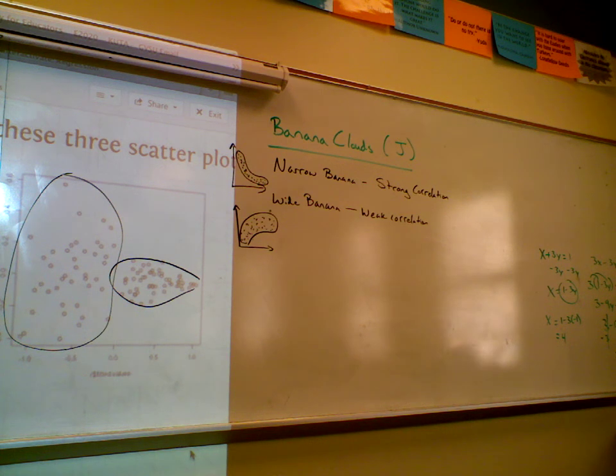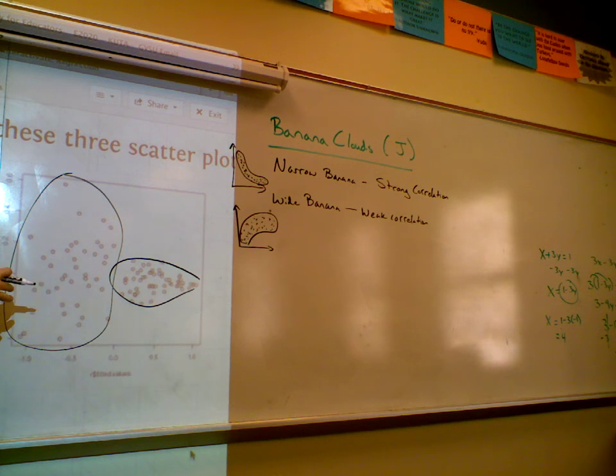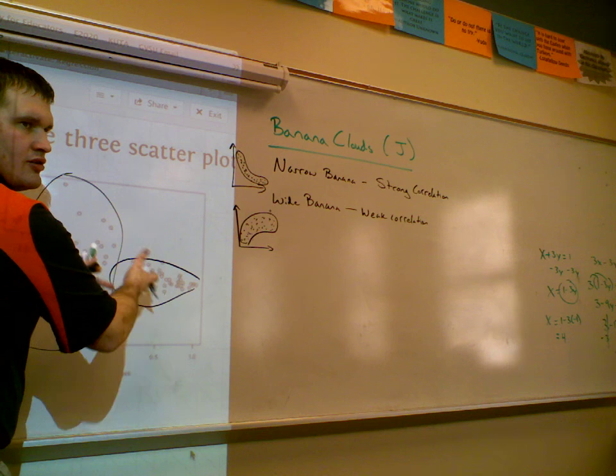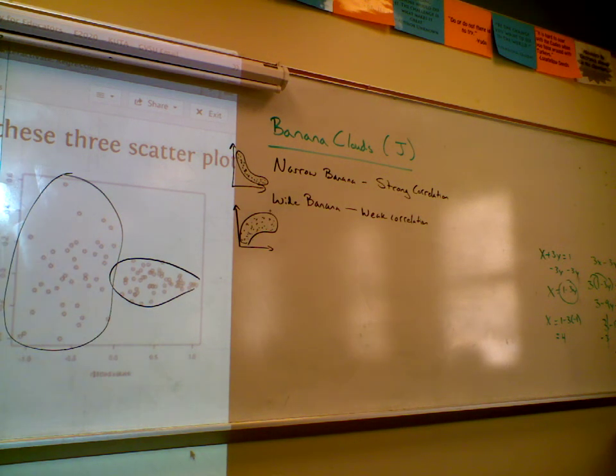Okay. So over here, do we have a strong correlation or weak correlation? Weak. Over here? Strong. So what's happening to the strength of the relationship? It's getting stronger. So we have what's called a varying strength, or a varying correlation.